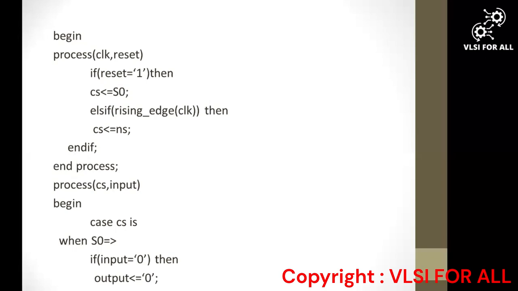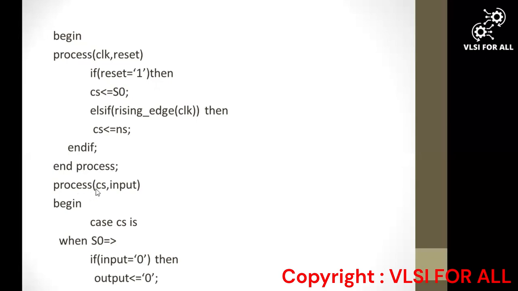Else if rising edge of clock, then current state goes to next state. It means if our reset is active, then our current state goes to S0, that is, to the initial condition. But else if the rising edge of clock is detected, then our next state goes to current state. We have defined this for both clock and reset, and now we will end this process statement.